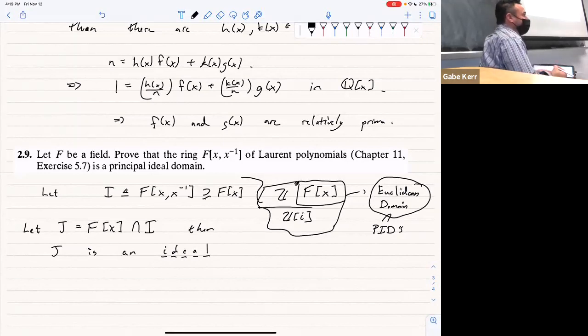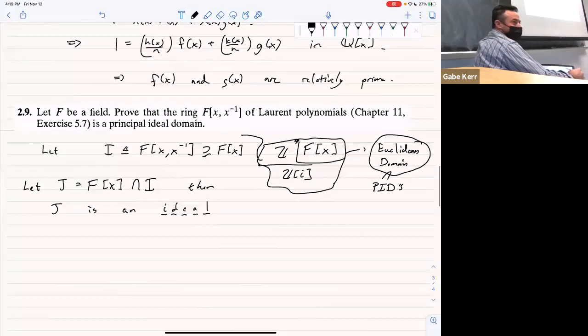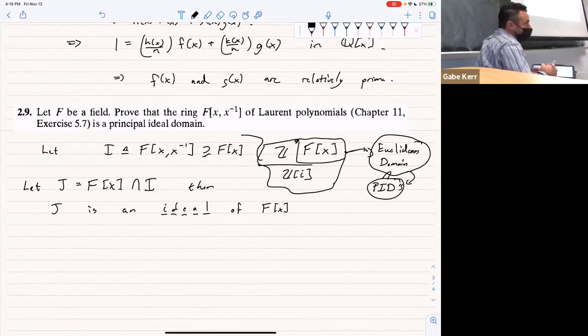Ideal of F[x]. And what did we just say about these sets? They are generated by a single element. Whatever this is, you can prove that really easily. It's not hard. So J is generated by a single element.